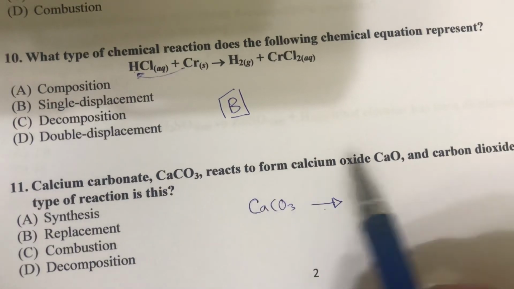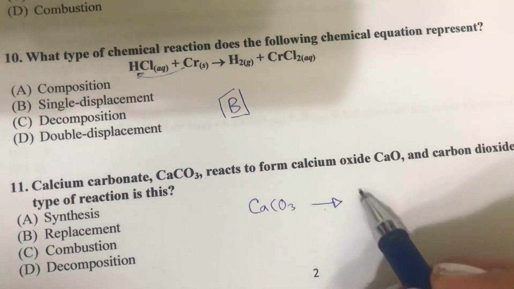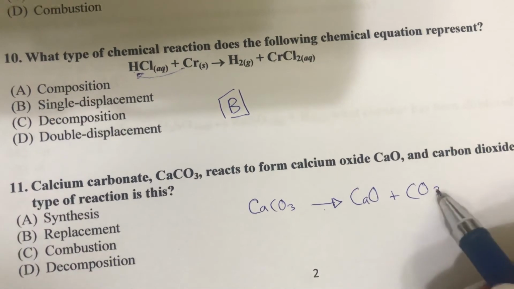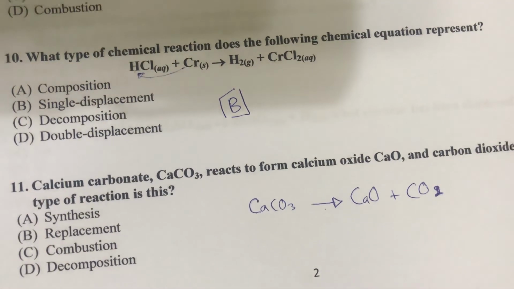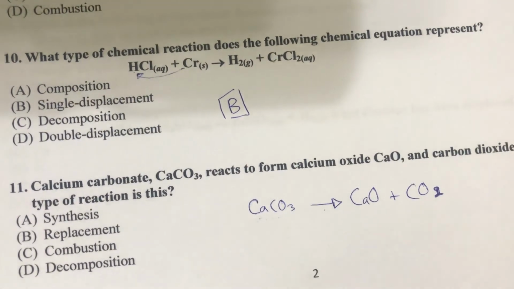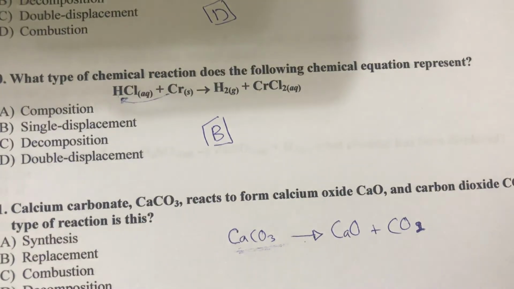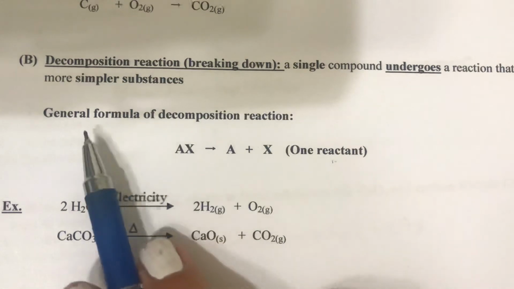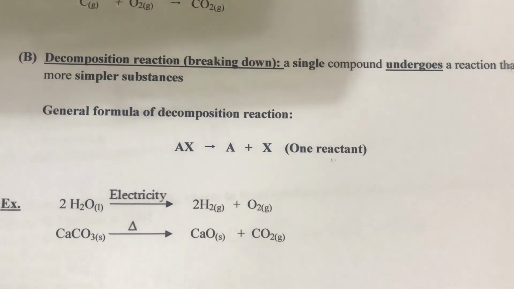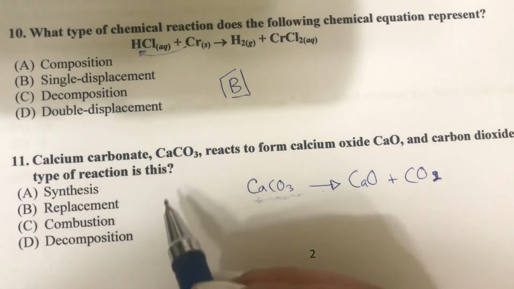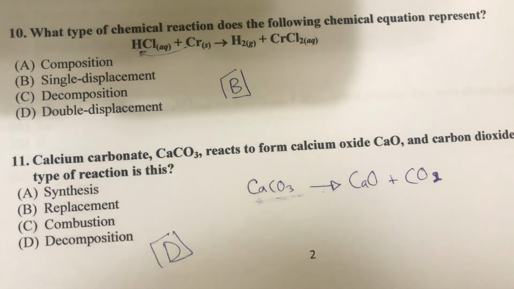So calcium carbonate forms calcium oxide and carbon dioxide gas. So here you have one reactant. So it's the general formula for decomposition reactions: one reactant. So this is an example of decomposition reaction. So the correct answer is D.